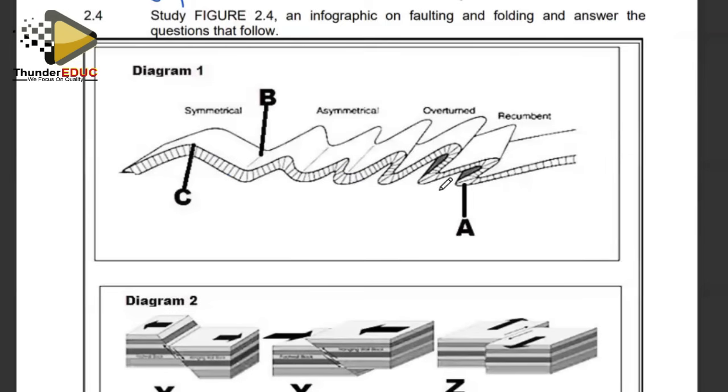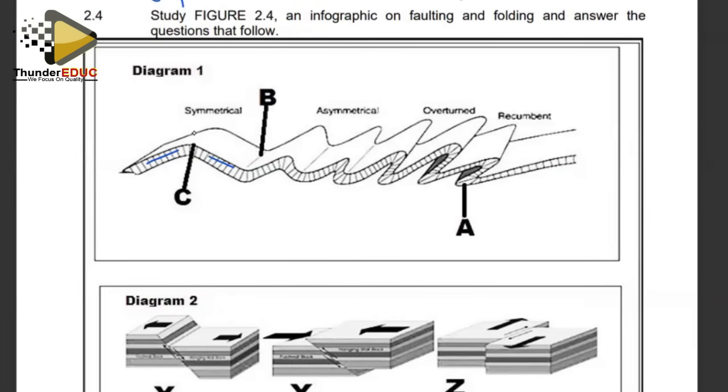Right, we move on to question number 2.4. Fig 2.4 is an infographic on faulting and folding, and we answer the questions that follow. Diagram number 1 shows a symmetrical fold, an asymmetrical, an overturned, and a recumbent. With a symmetrical fold, the two limbs are equally inclined, meaning it has a line of symmetry.